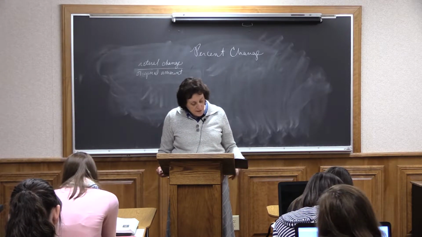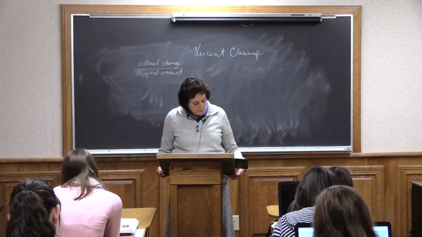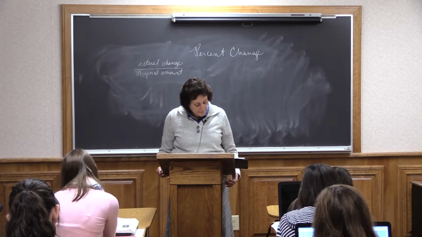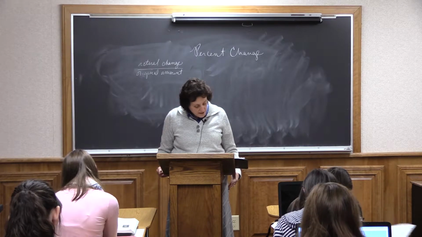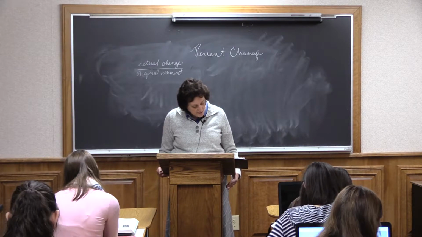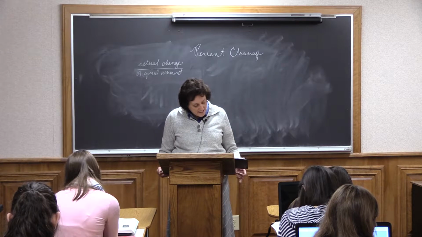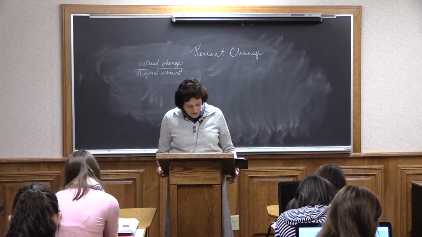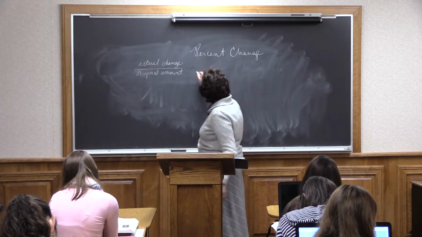So, example 5, during an 8-year period, the population of Baltimore, Maryland decreased from 736,000 to 646,000. Find the percent decrease to the nearest tenth. All right.